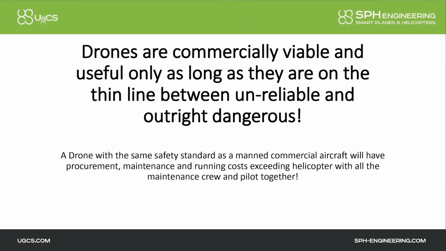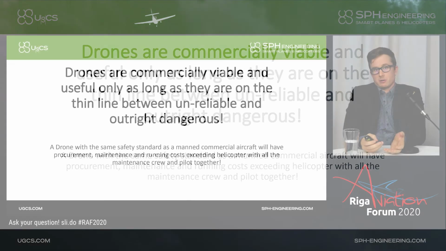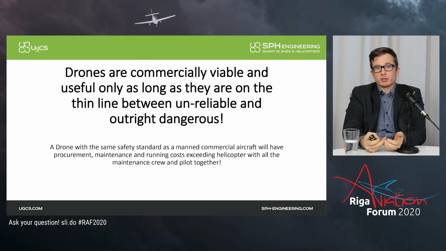But why is it so? It is so because commercial drones can be a commercially viable tool only because they are not as reliable as civil aviation. If you got a drone which is as reliable as a manned helicopter with a pilot inside, with all the maintenance procedures, with the certification that even a single bolt needs in a helicopter, the drone would cost much more than a helicopter with a pilot.